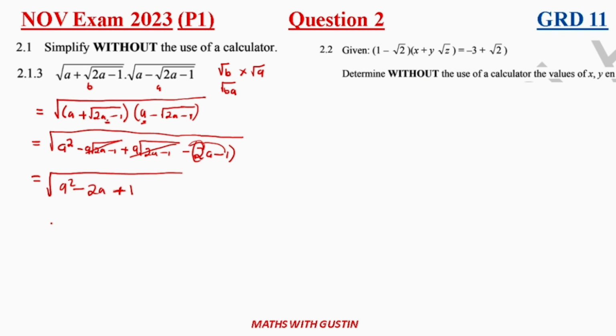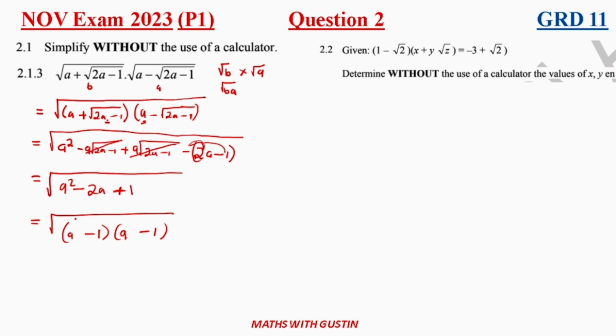All right, and then now what we have here is a trinomial, but we know how to factorize trinomials. In this case, let's go ahead and do that. You're gonna have a, and therefore when we multiply a and a, negative 1, negative 1. Negative 1 times negative 1 is going to give us positive 1, and then the middle term here will be negative 2a.